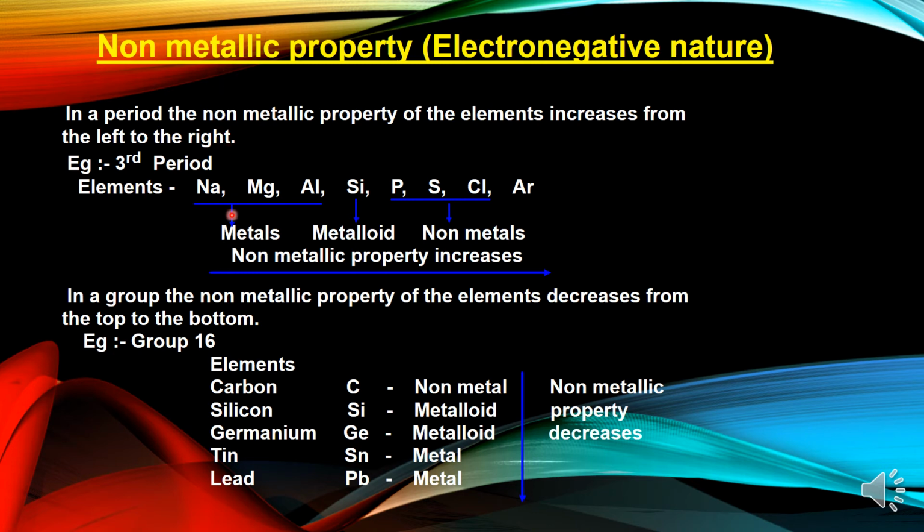You are seeing here, while moving left to right, the metallic character decreases and the non-metallic character increases. And in a group, the non-metallic property of an element decreases and the metallic character increases. The reason remains the same, which I told you. Now, next.